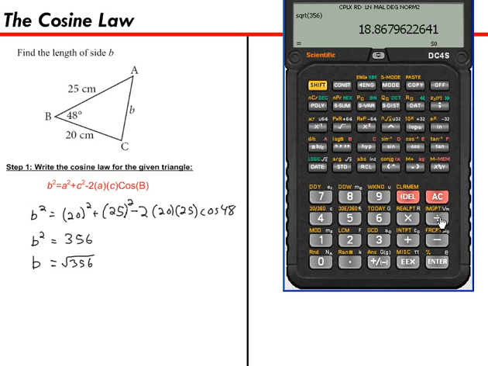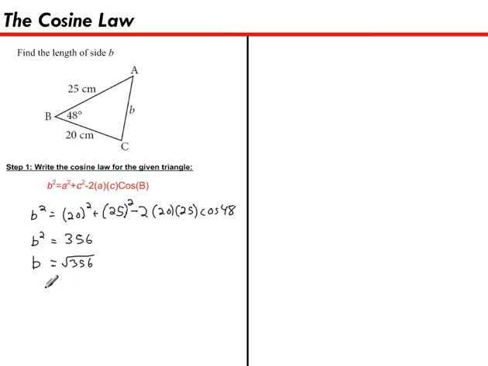Then I hit enter, and there's the square root of 356. I'm going to round this to 19. So finally I'll say b is equal to 19, and our units are given in centimeters. So the length of side b is in fact 19 centimeters.